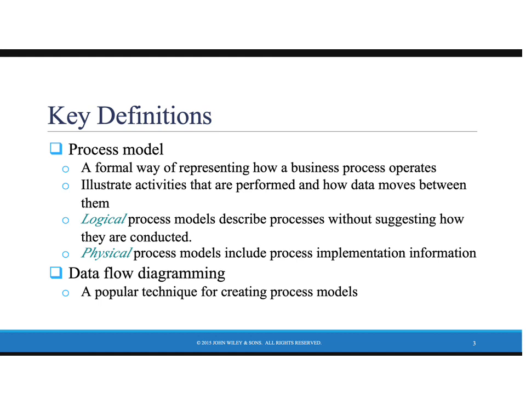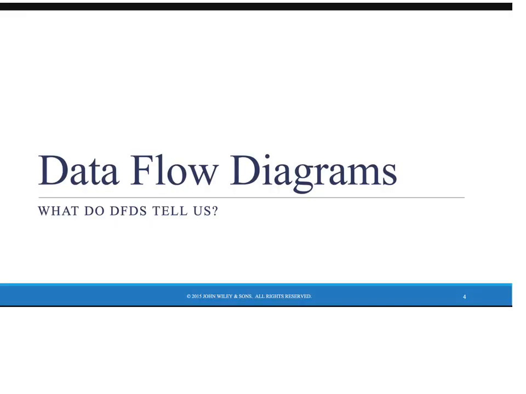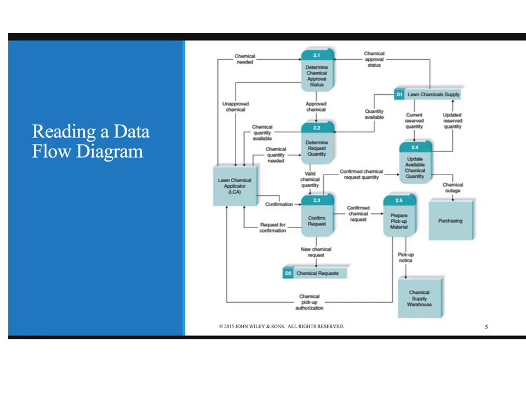What do data flow diagrams tell us? If you look on the screen, you will see an example of a process model, which shows a blueprint of functionalities being performed by a system that is modeled.